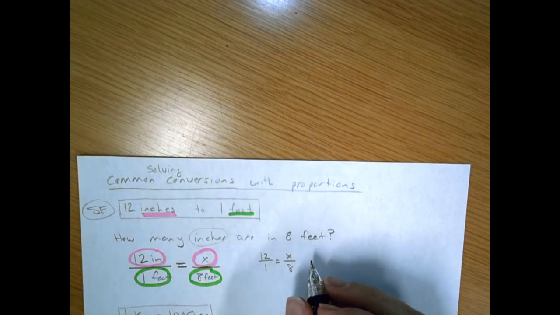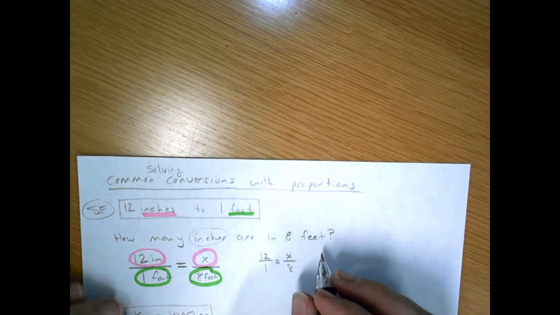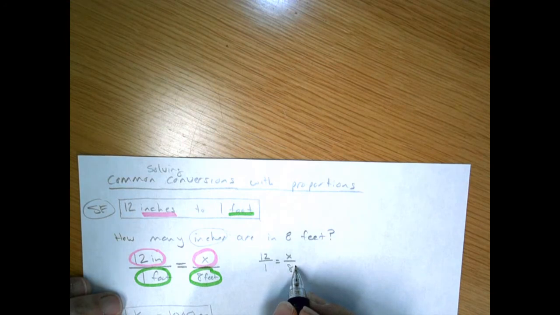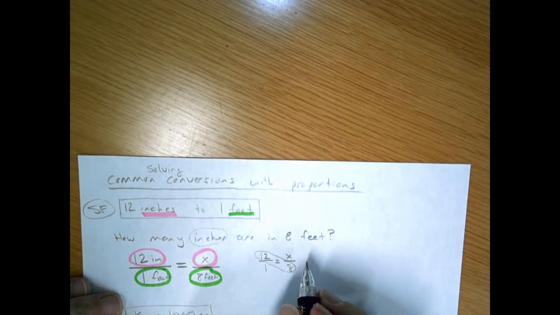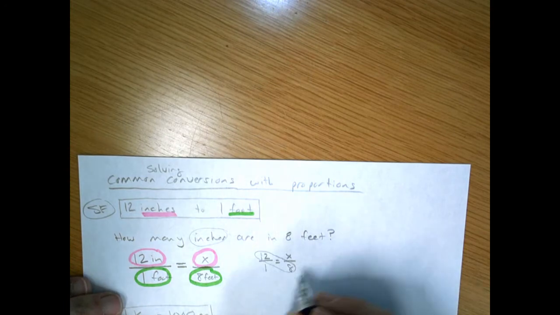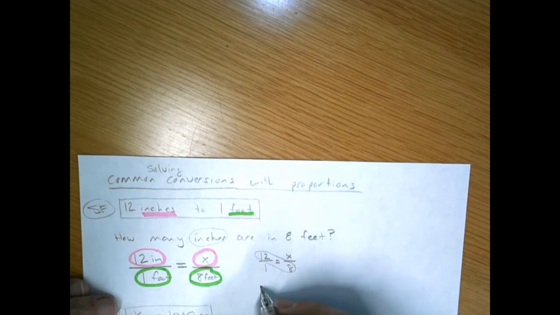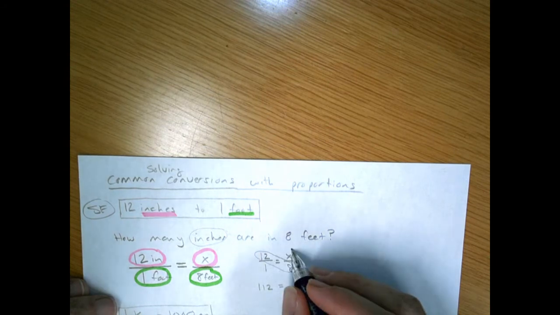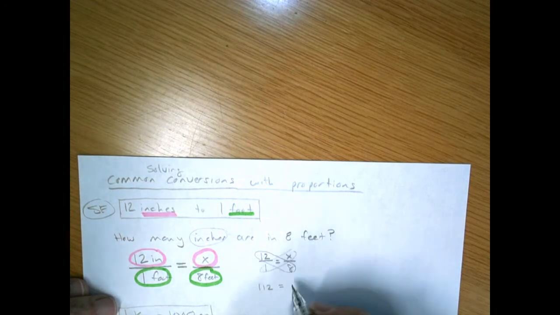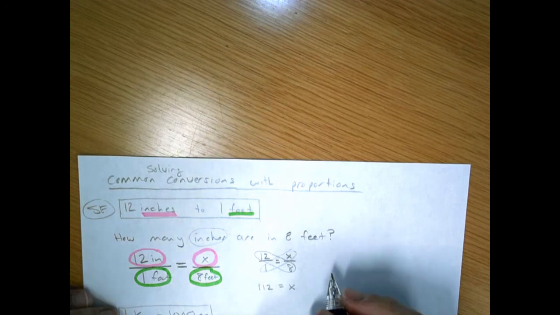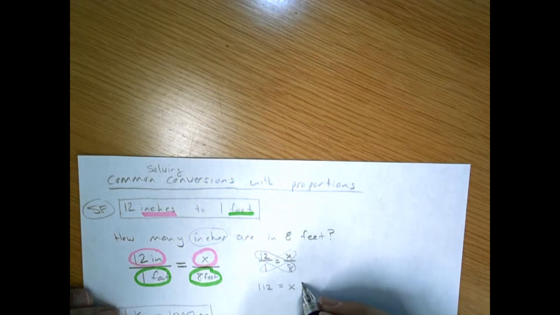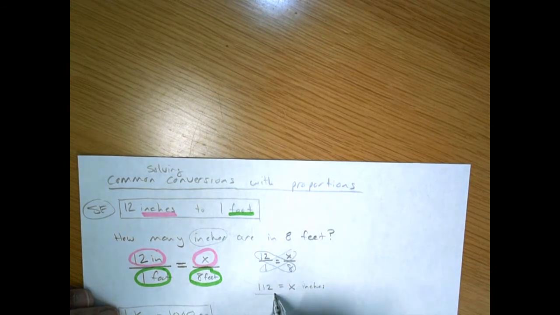To solve this, I can use cross products, which means I can essentially multiply 8 times 12, and 8 times 12 is going to be equal to 96, and that's going to be equal to 1 times x, which is x. So our value for x, and x stood for inches, how many inches are in 8 feet, is going to be 96.